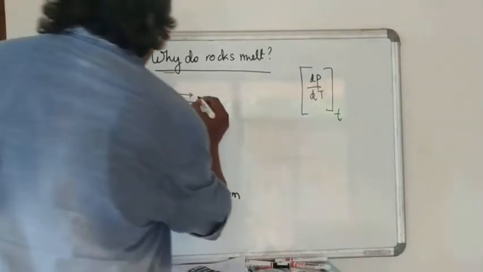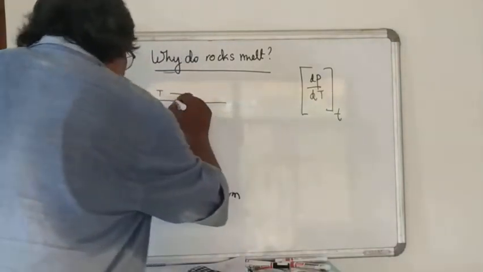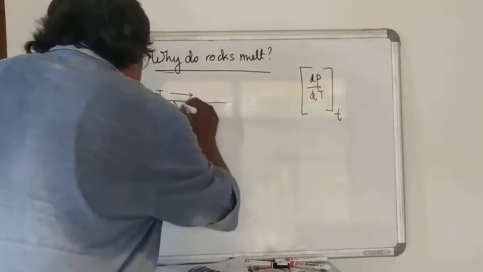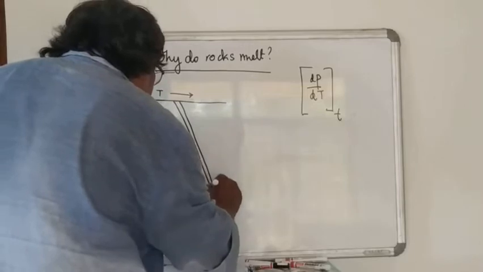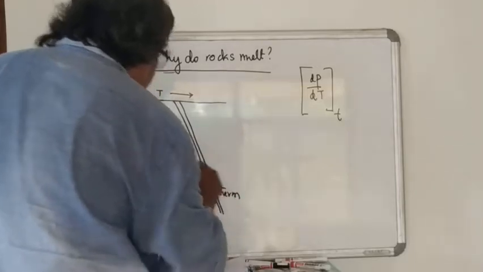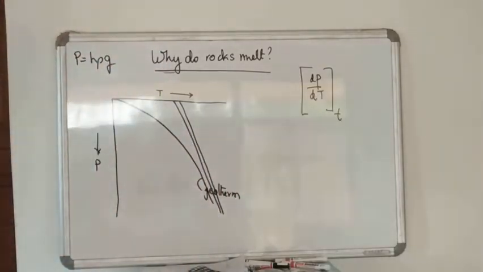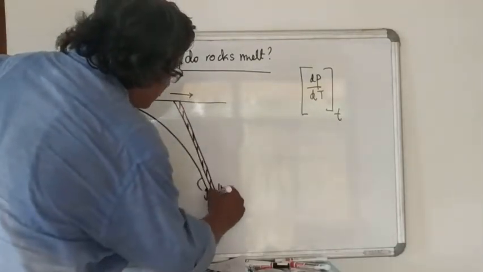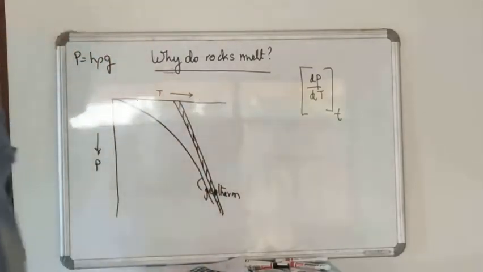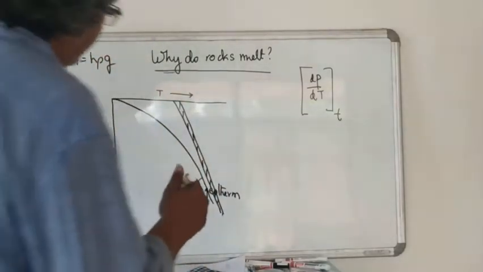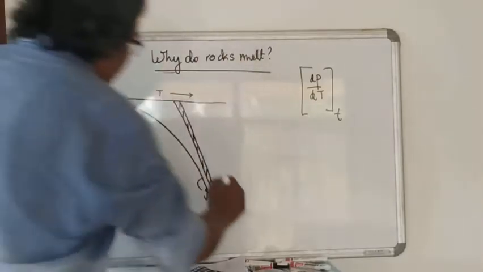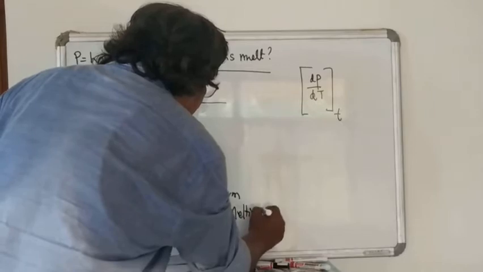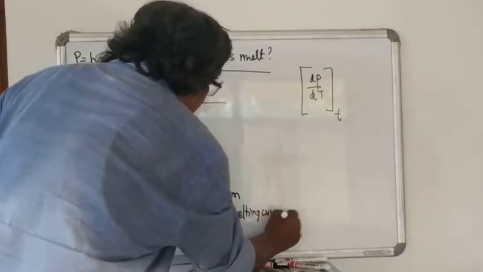There is another graph. This is called the melting temperature, the melting curve. The melting curve.